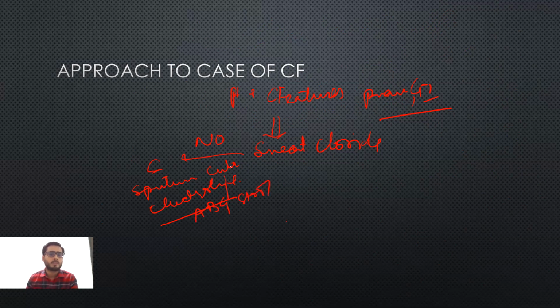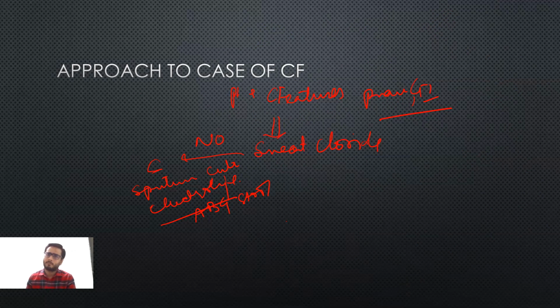So if sputum culture is showing pseudomonas, the patient is having recurrent pneumonias, the patient has fat malabsorption, the patient is coming to you as failure to thrive, and you take a history that there are recurrent pneumonias. There is no facility at your center for doing sweat chloride. In those cases, you get your sputum culture done, you get electrolyte levels done, you get stool examination done.